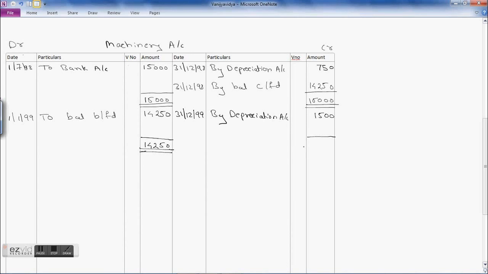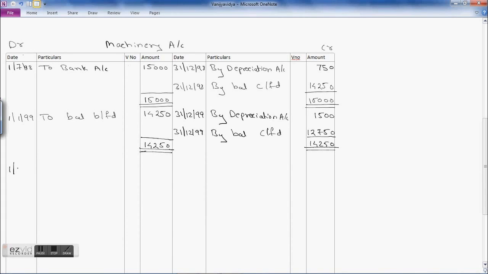14,250, 14,250. So by balance carry forward, how much? 14,250 minus 1500, that gives you 12,750.